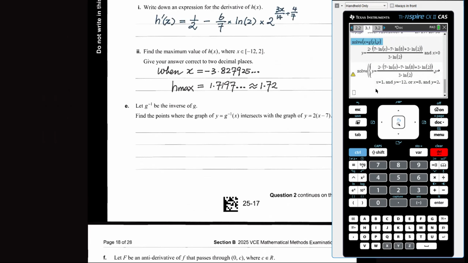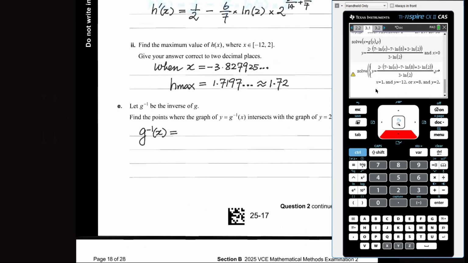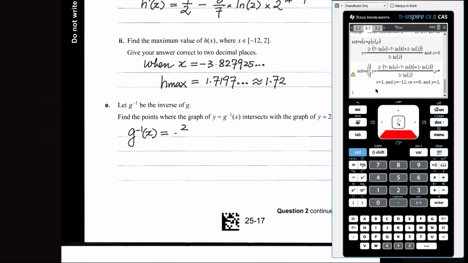Control Enter. If you do Control Enter, you can force the calculator to get the exact answer because they are just integers. So basically, you can say G inverse of x equals 2/3 natural log of 2.